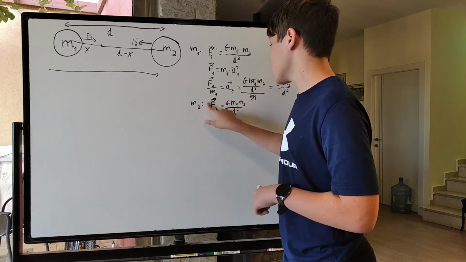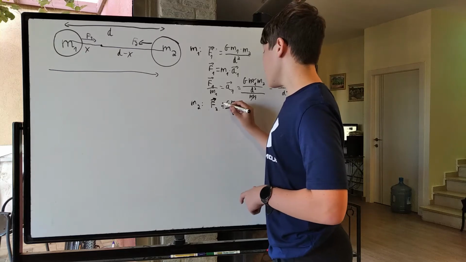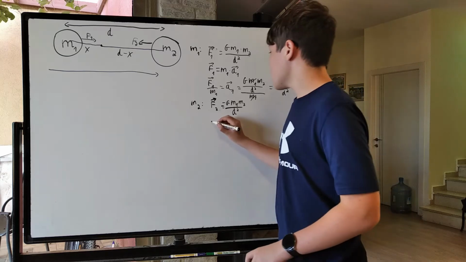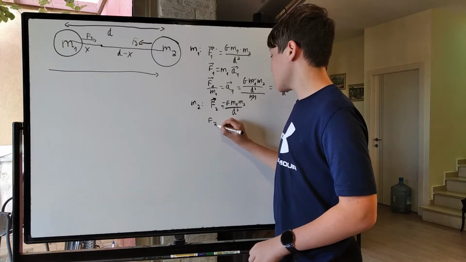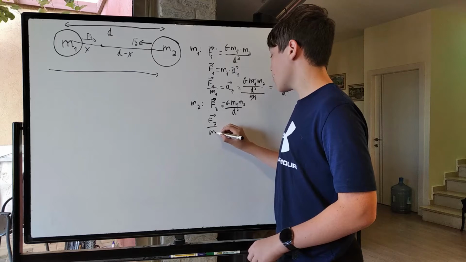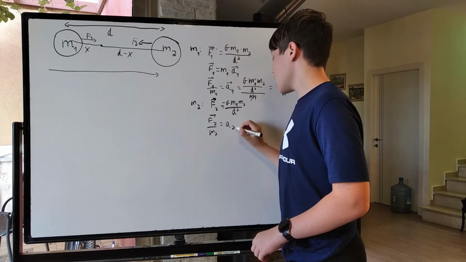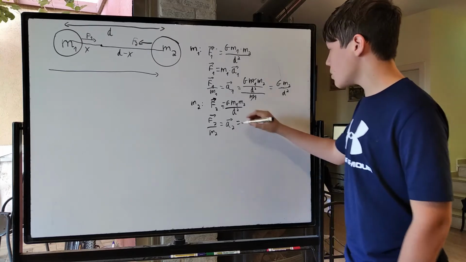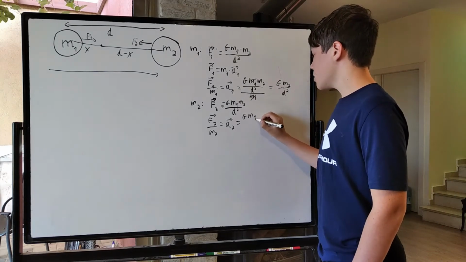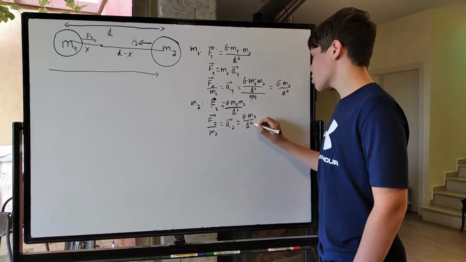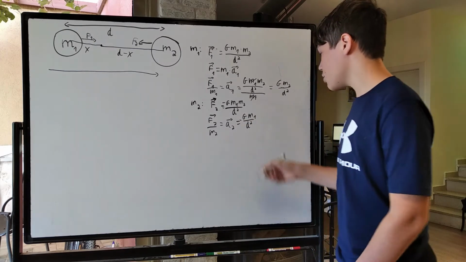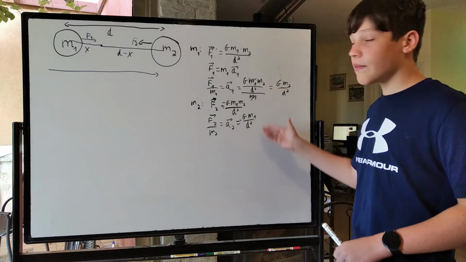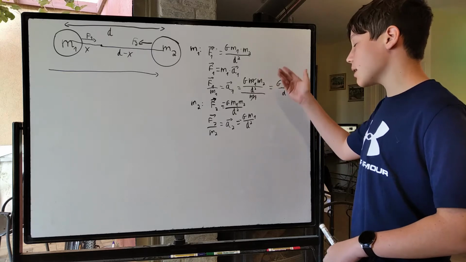So we can remove the size of, but now we have to put a negative in front. Similarly, F2 over m2 is a2, the acceleration. Again, m2 will cancel out, and we'll get negative G m1 over d squared.